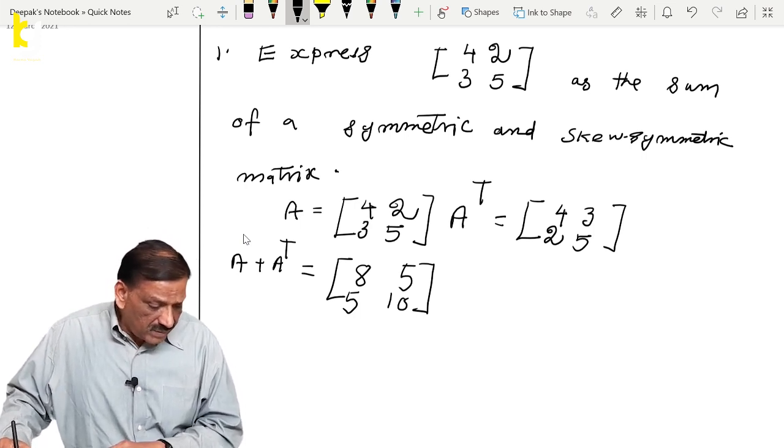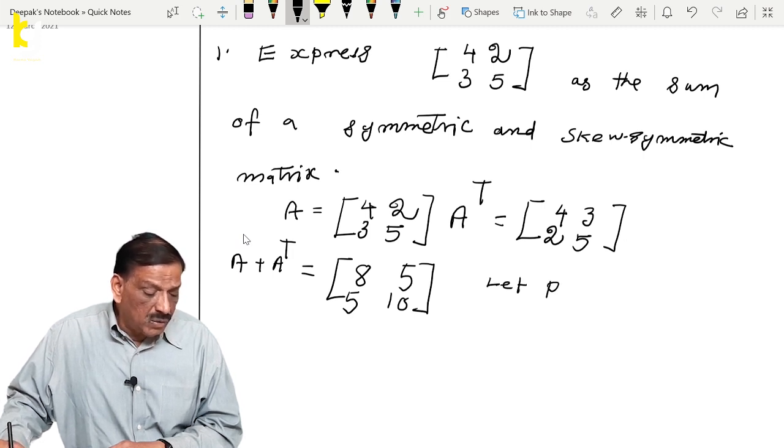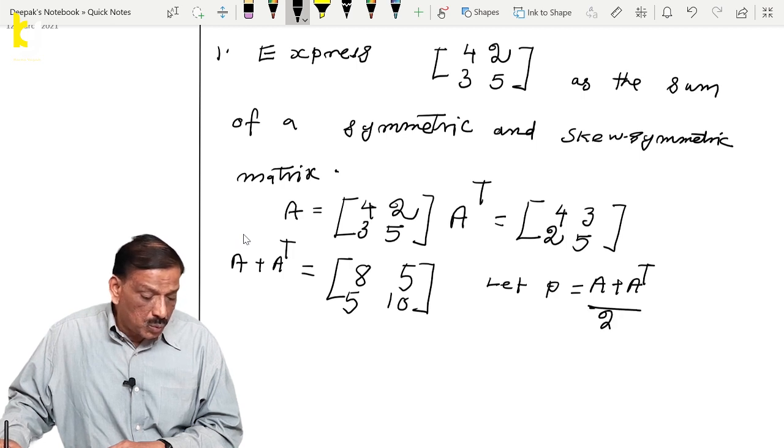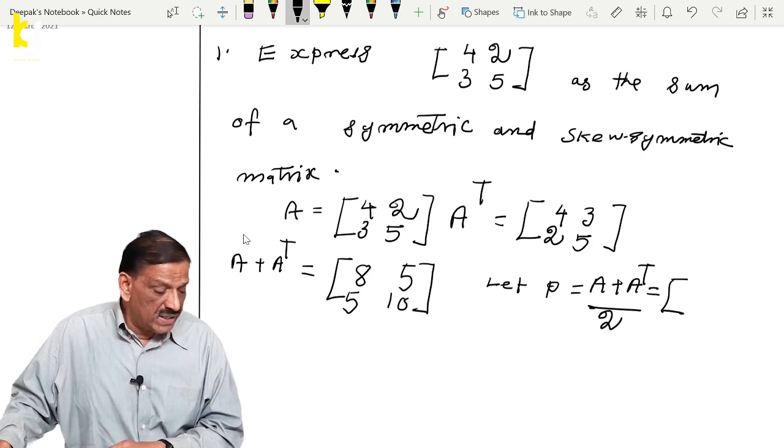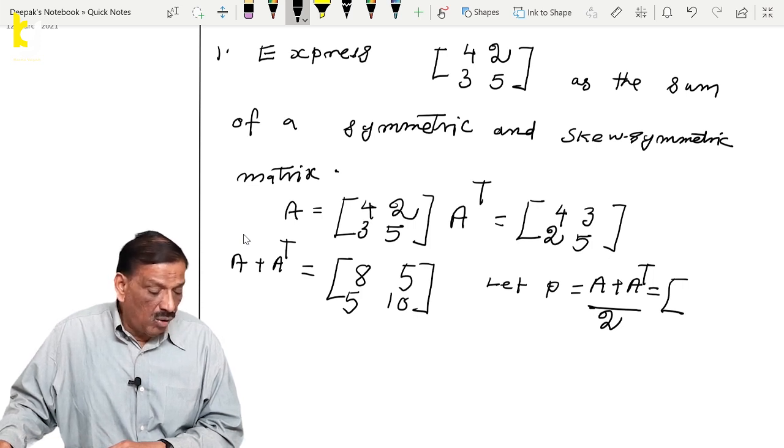Therefore, let P equal A plus A transpose whole divided by 2. That is equal to A plus A transpose, which is 8, 5, 5, 10, all divided by 2.